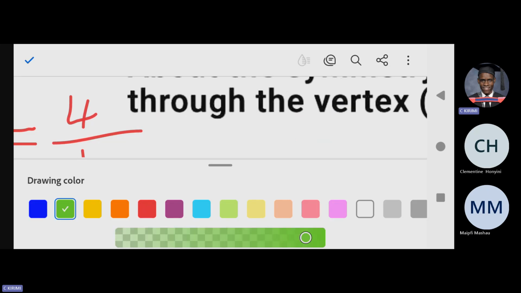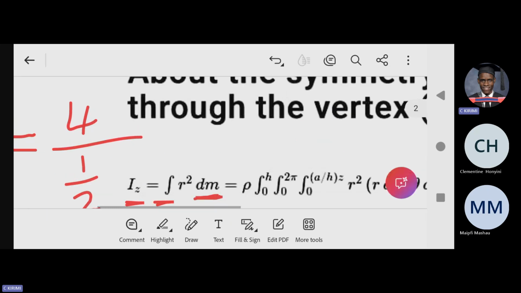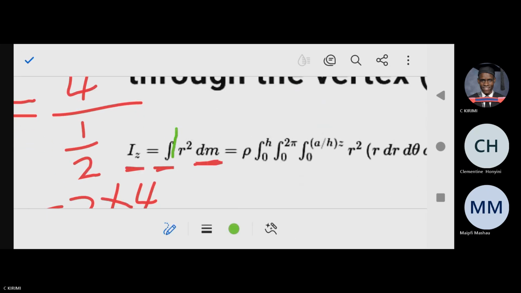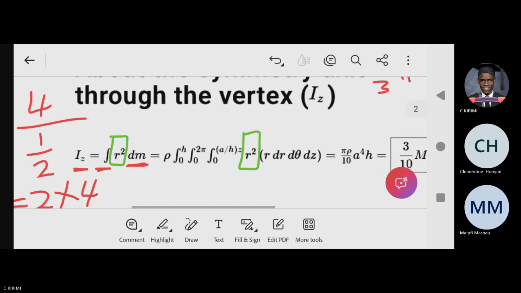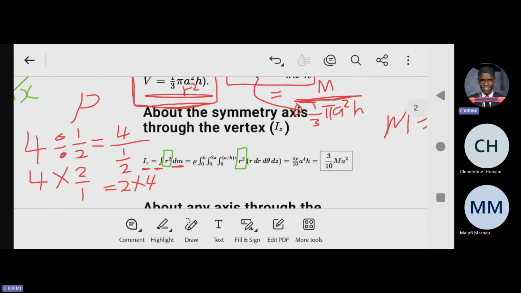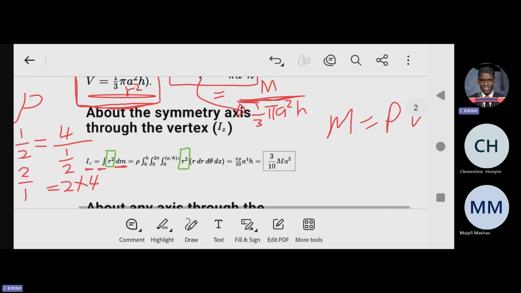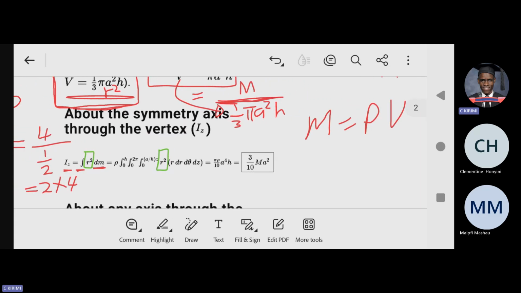So the r squared is remaining as it is. We did not manipulate the r squared. It's remaining where it is. We never did anything to the r squared. But we played with the mass.